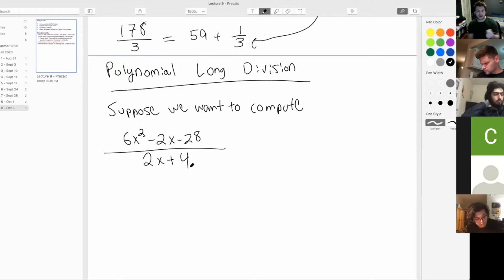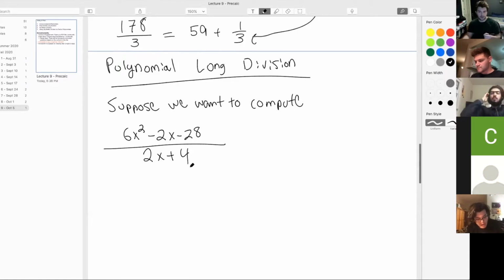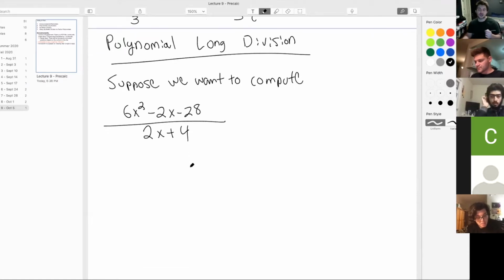We want to figure out how to divide 6x squared minus 2x minus 28 by the polynomial 2x plus 4. I'm going to explain the technique through this concrete example, since I think it's best explained that way.